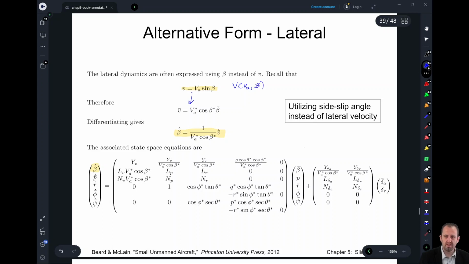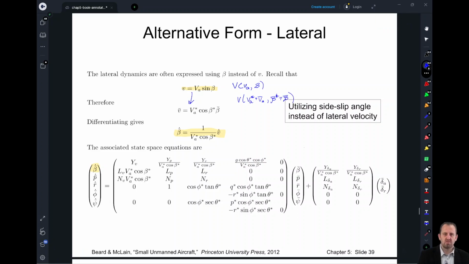then we're going to linearize again around the nominal point of VA star plus VA bar, and beta star plus beta bar.